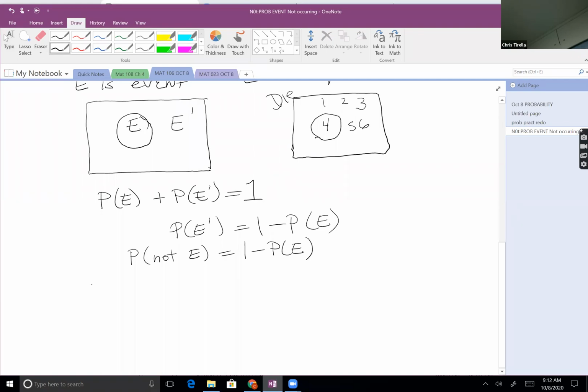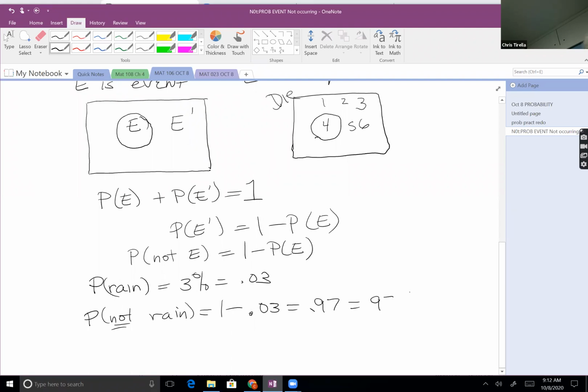And it says the probability of rain at 1 o'clock is 3%, which is 0.03. What's the probability that it's going to not rain? I see that word not, and I think, all right, if there's a 3% chance of rain, 0.03, the chance of it not raining is 1 minus that, or 0.97, or 97%.